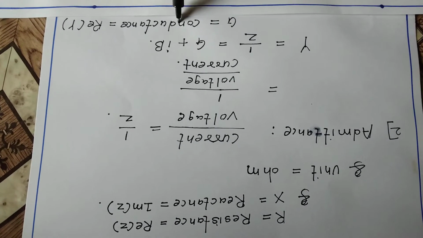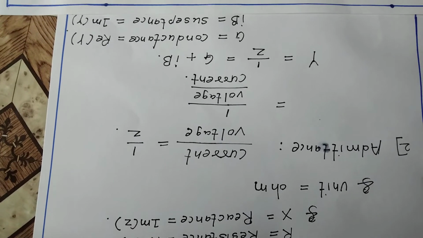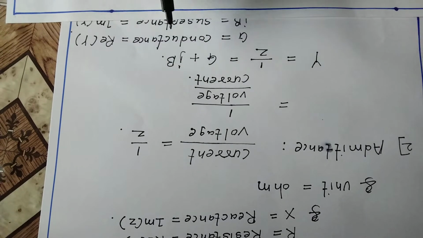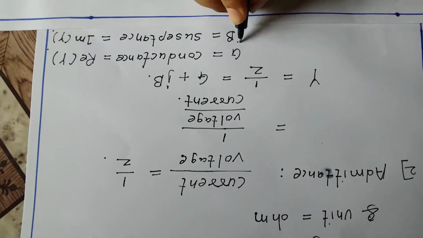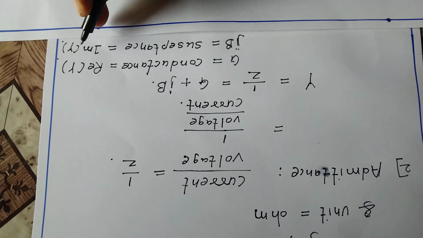G is conductance, which is the real part of Y, and jB is susceptance, which is the imaginary part of Y.